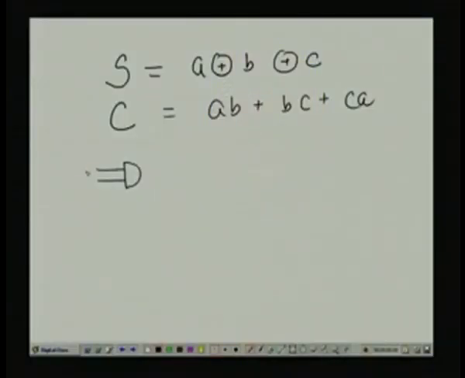I want to realize a circuit where only the uncomplemented variables are available. So, first I am realizing the carry. So, A B, then B C and C.